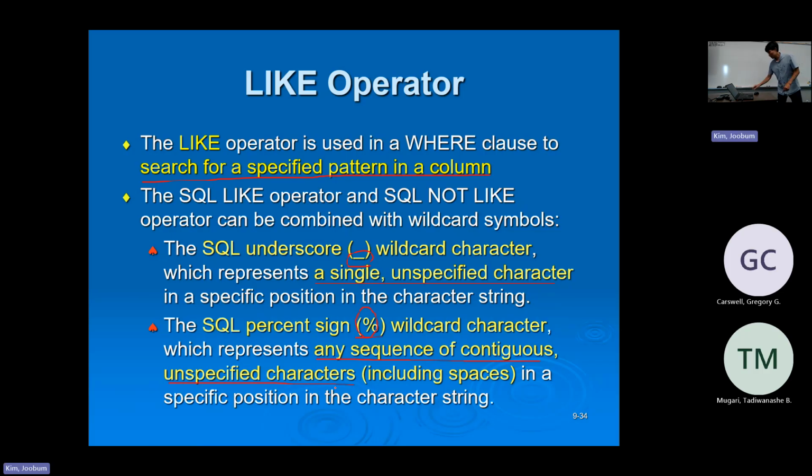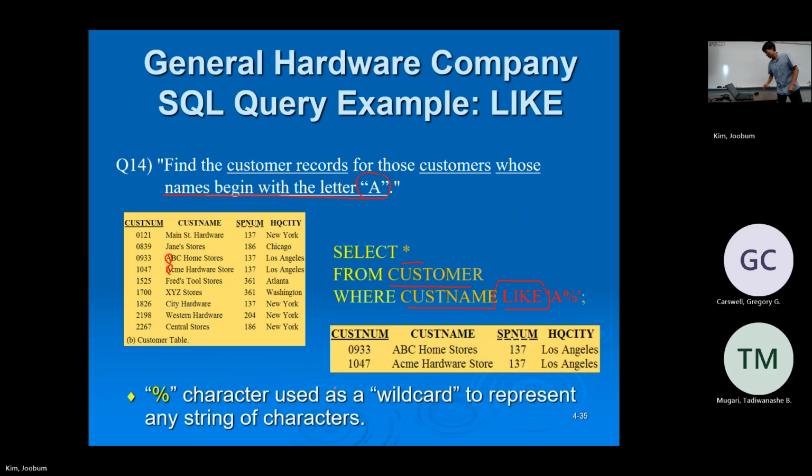Okay, so if you run it, we're going to have two outputs, ABC Home Stores and Acme Hardware Store. Uppercase A and uppercase A. So you can use the LIKE command to search for some pattern in the string.